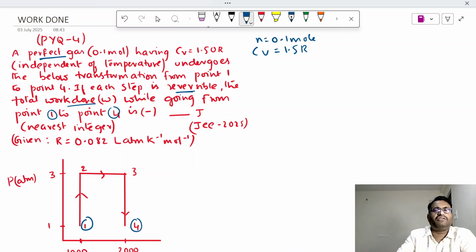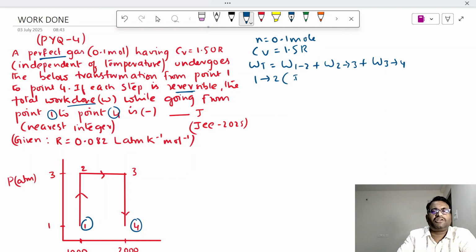So the total work done is given by the work done during process 1 to 2, plus the work done during process 2 to 3, plus the work done during process 3 to 4. In process 1 to 2, volume is constant, so it is an isochoric process.